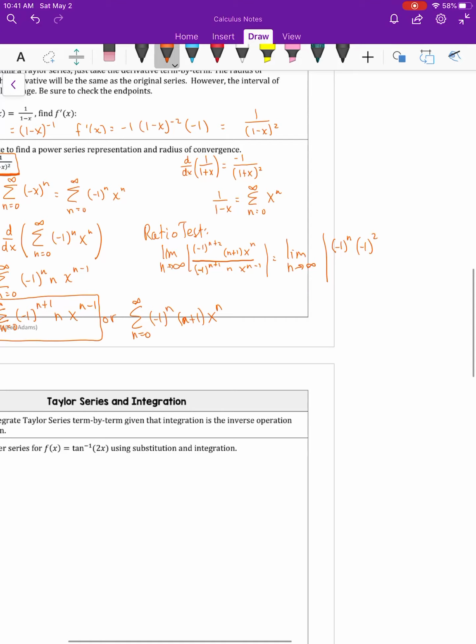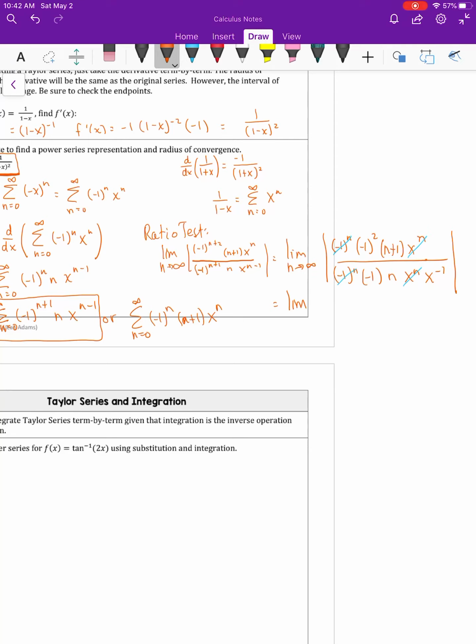All right, so now limit as n goes to infinity, absolute value, this is going to be negative 1 to the n times negative 1 to the 2 times n plus 1 times x to the n over negative 1 to the n times negative 1 times n times x to the n times x to the negative 1.